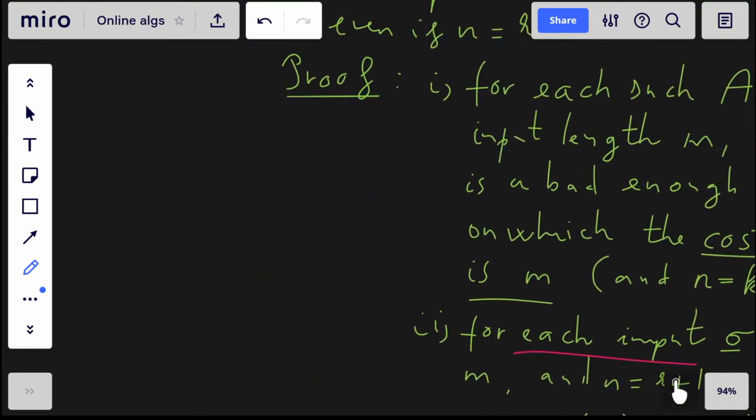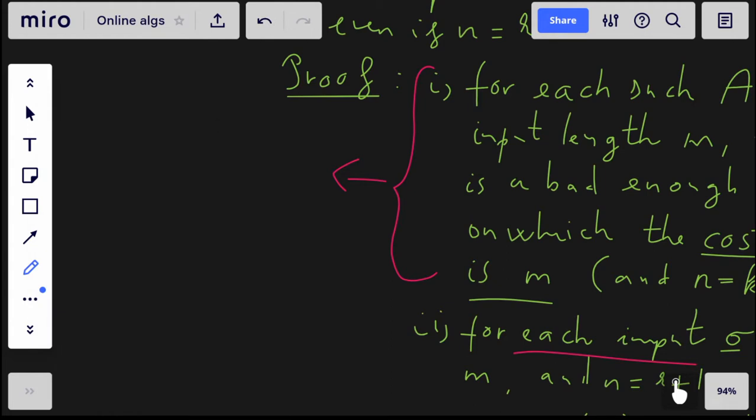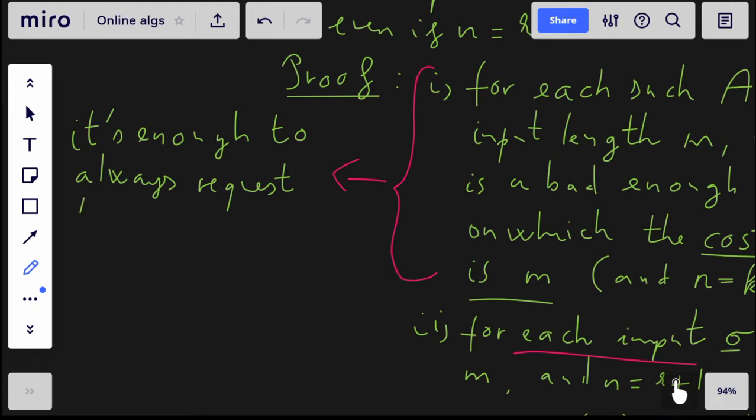This is easy. So the first one, the bad enough input, is simple because the algorithm is deterministic, so it's enough to always request the page that has just been discarded.